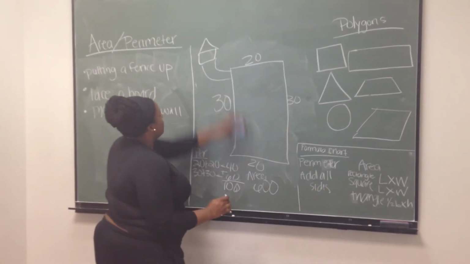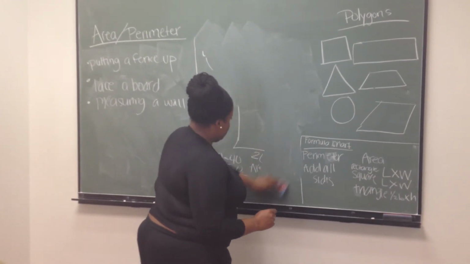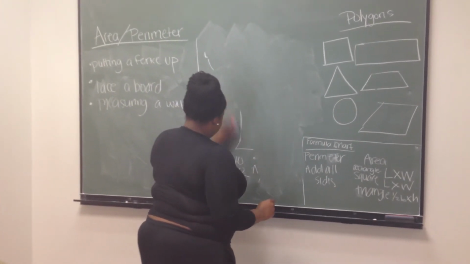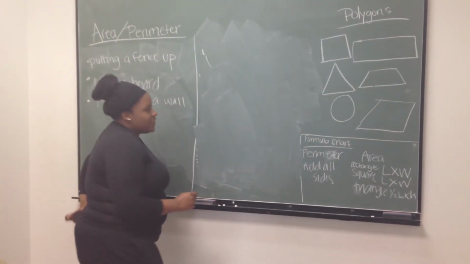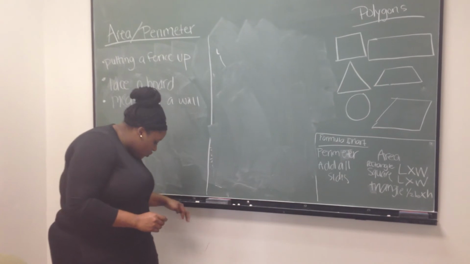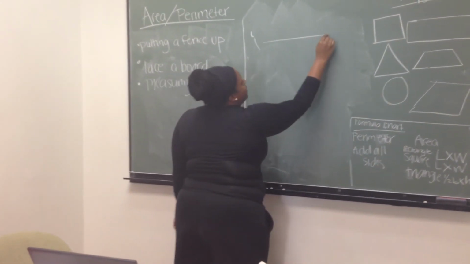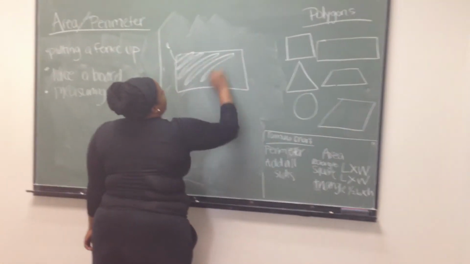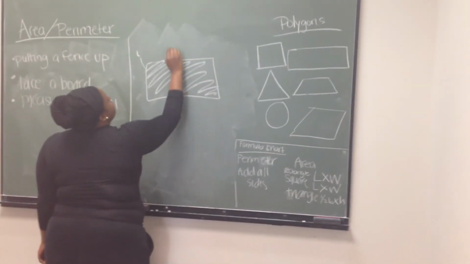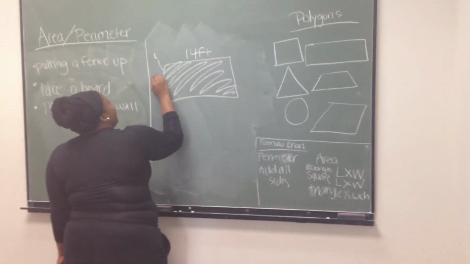Let's do one more example. Let's say I want to paint a wall in my house, an accent wall, purple. The wall is 14 feet by 7.